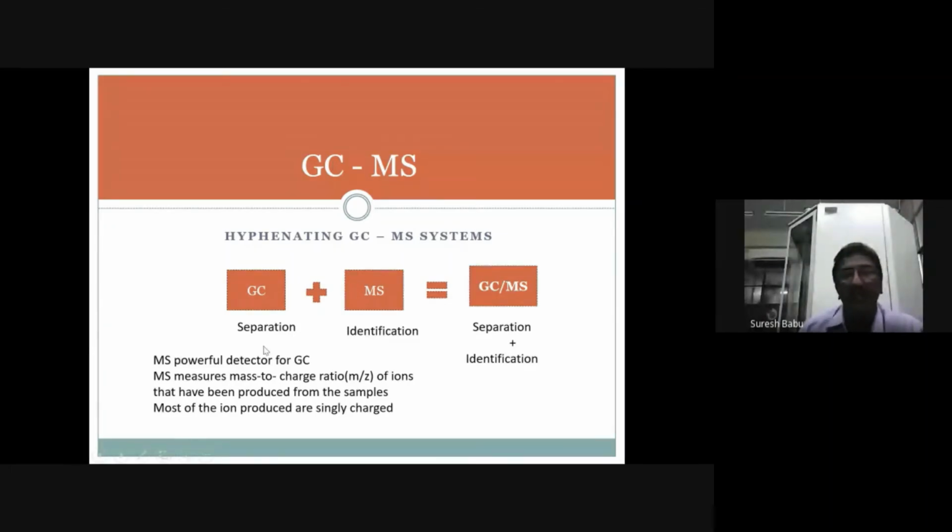Here also GC is coupled with MS. It is also a hyphenated technique, so here we exploit the benefits of GC and MS. As said earlier, GC separates the mixture into constituent components, and the components enter the MS at different time intervals, and this MS identifies the components by ionization and mass analyzation.